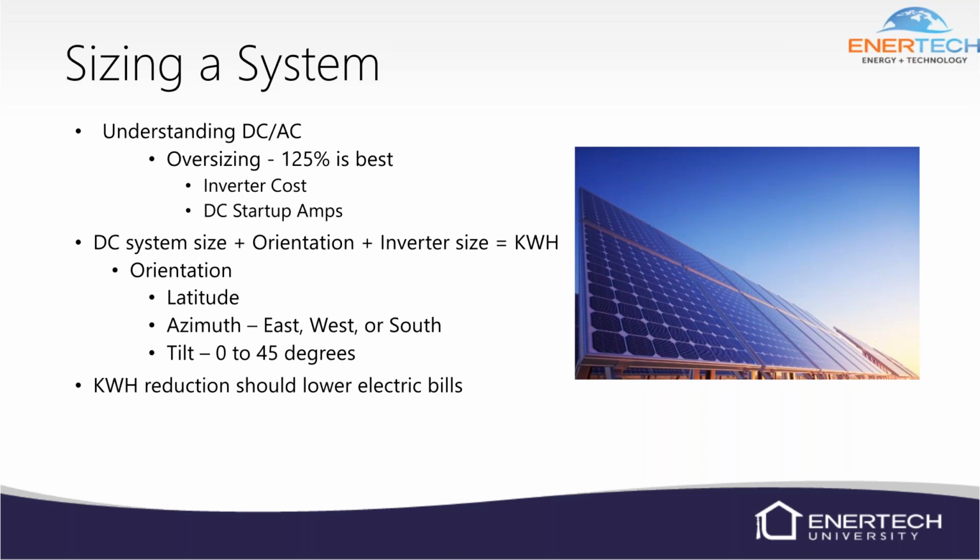And then when you look at your DC side, if you're using 370 watt modules and you have to use them in pairs on a ground mount, you're not going to land at 125% every time, is what I'm trying to say. And so it's just something that we try to aim for and get close to.